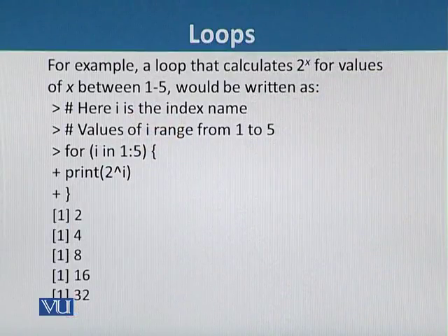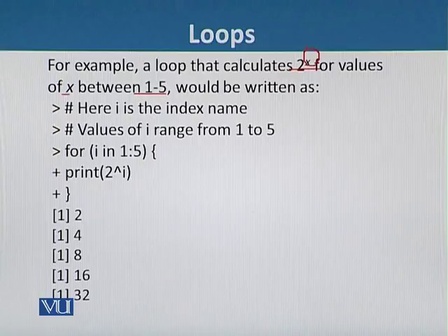For example, a loop that calculates 2x for values of x between 1 and 5 would be written in the form of code as follows. I is the index name, as we have to give the index name.